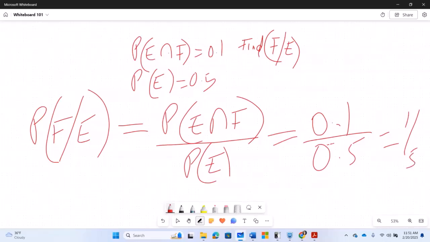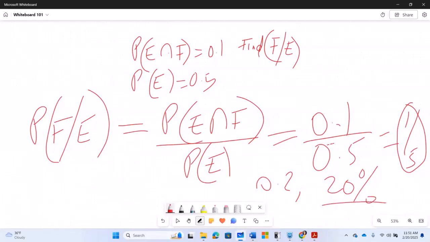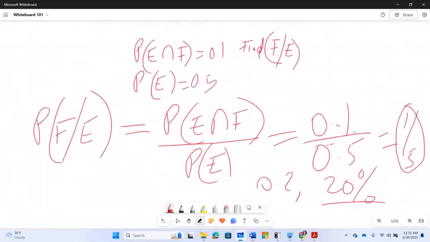You could be told to leave the probability in fraction, decimal or percent. That's 0.2. And in percent, that is 20%. So the probability of F happening, given that E has happened, is 20%.